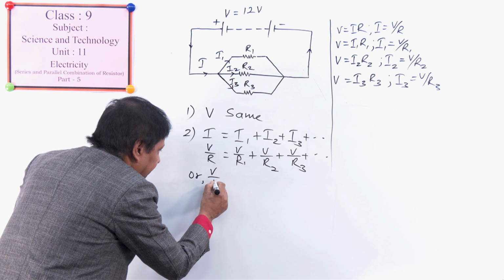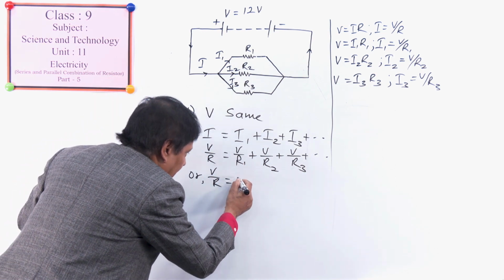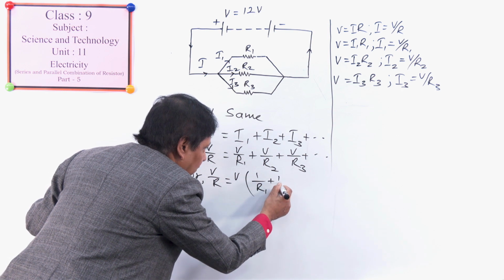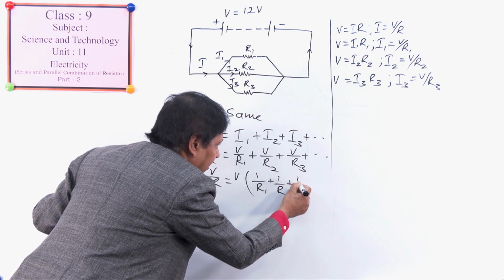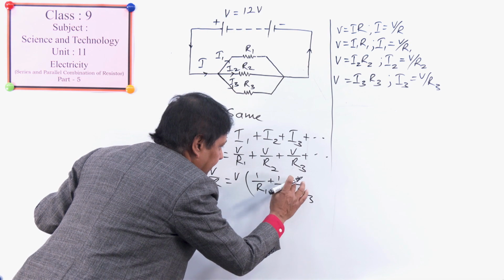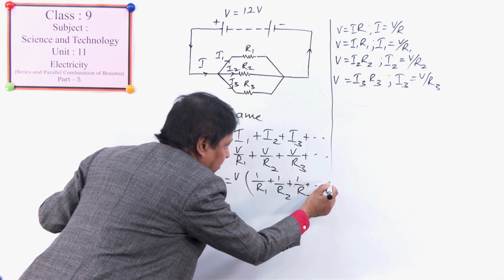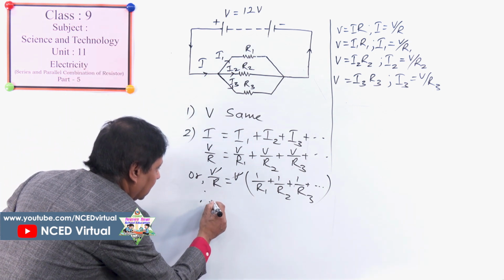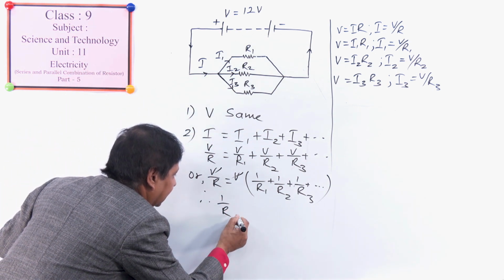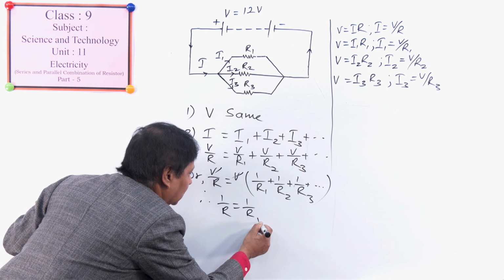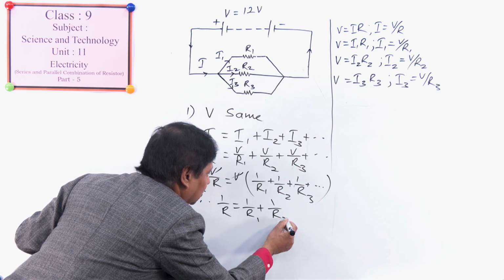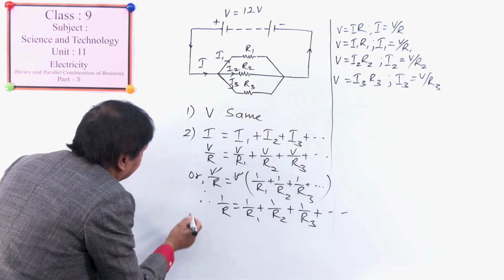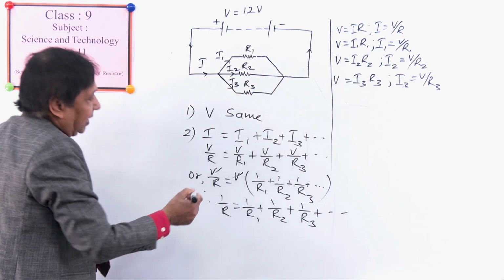Now if we take V as common, then what we get? 1 by R1 plus 1 by R2 plus 1 by R3 and so on. What it mean? V cancel. Therefore 1 by R is equal to 1 by R1 plus 1 by R2 plus 1 by R3 and so on. This is third characteristic.